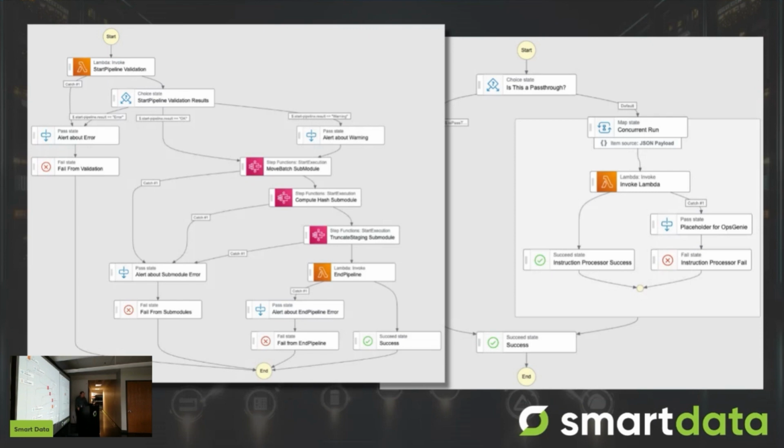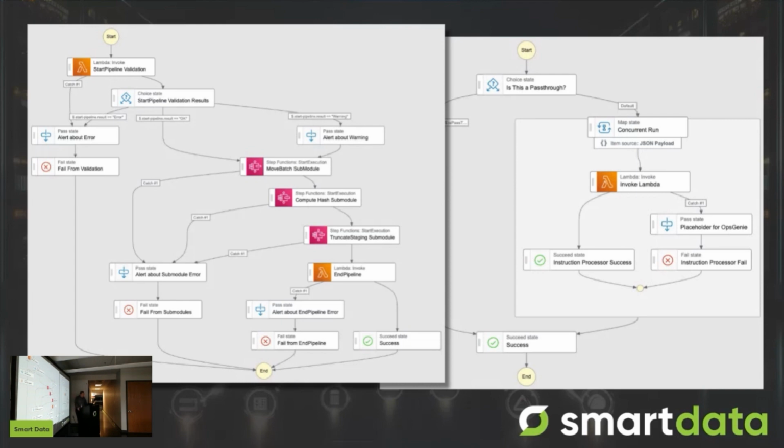To do this process, we're using AWS Step Functions, which is basically a state machine. Our state machine is going to look at the JSON instructions that are fed to it. It's going to then convert those instructions into SQL statements, which it will hand over to Snowflake, and Snowflake will do the actual processing and movement of the data through the data lake to the staging tables to the raw data vault.